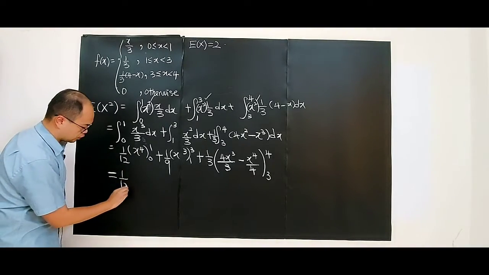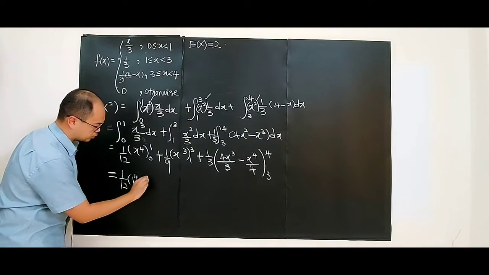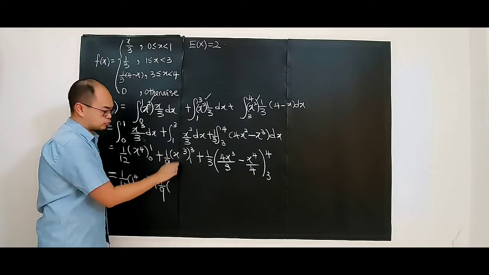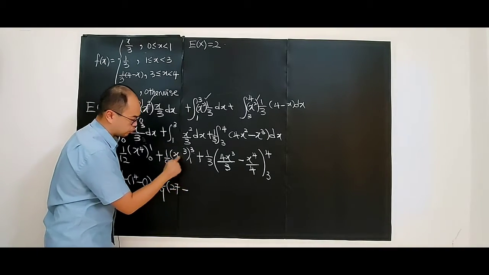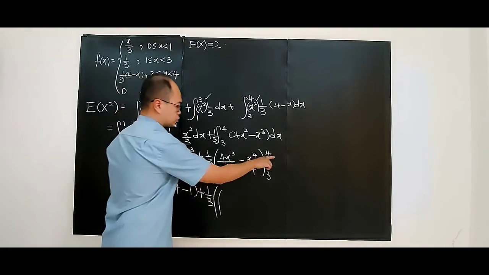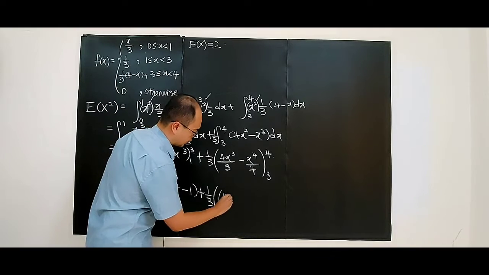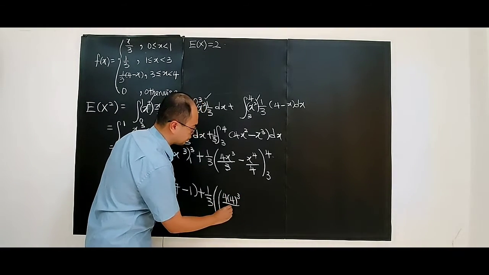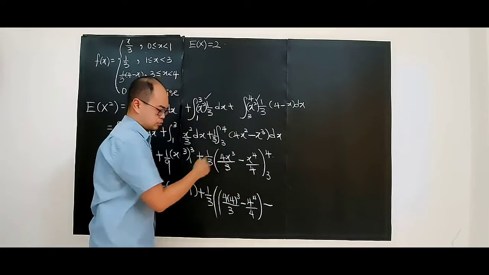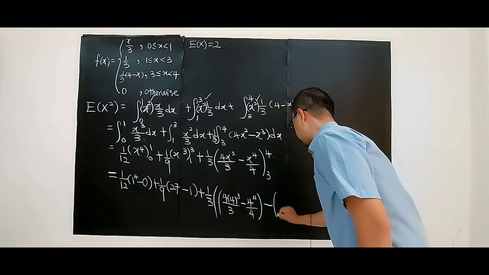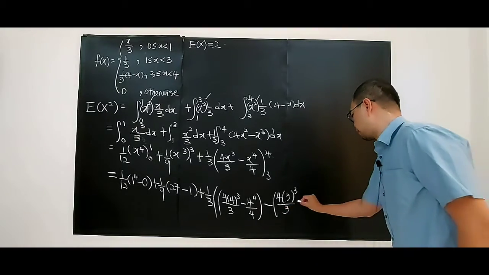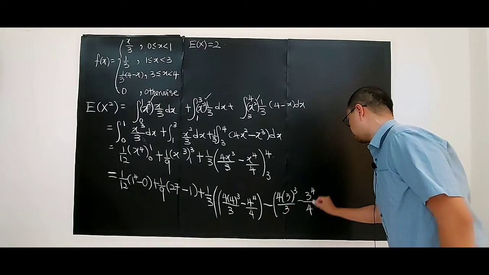So substitute: 1 over 12 times 1 to the power of 4 minus 0, plus 1 over 9 times (3 to the power of 3, which is 27, minus 1 to the power of 3, which is 1), plus 1 over 3 times [(4 times 4 to the power of 3 divided by 3 minus 4 to the power of 4 divided by 4) minus (3 cubed divided by 3 minus 3 to the power of 4 over 4)].